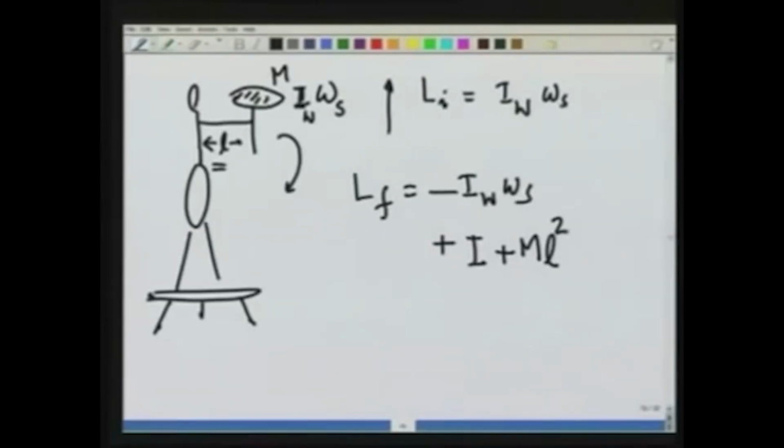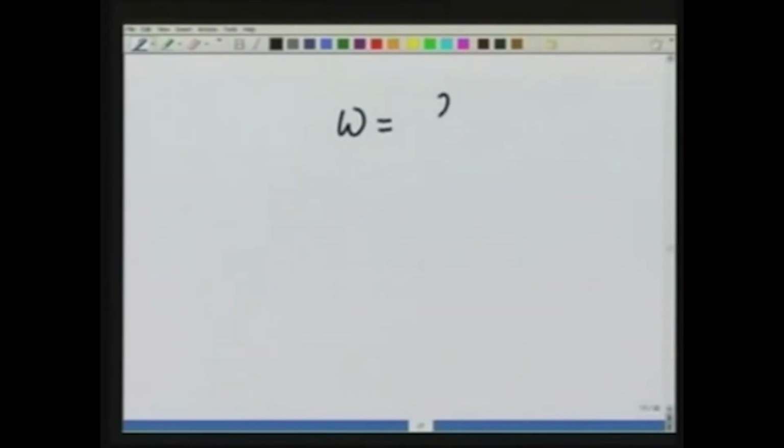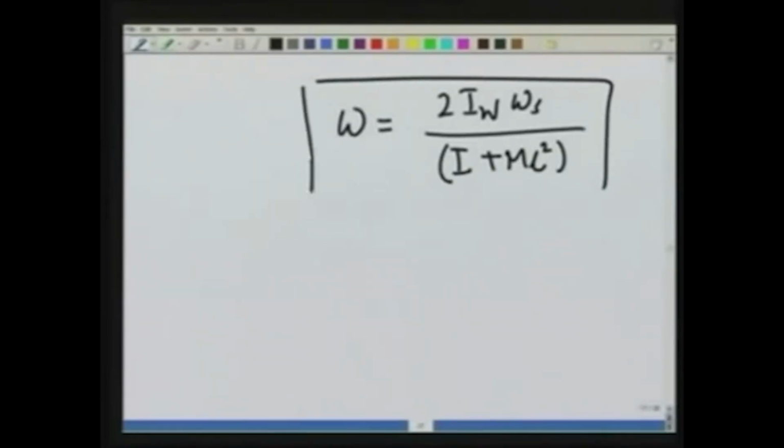Or you can say that the angular momentum of the wheel is the angular momentum of its center of mass plus its angular momentum about its center of mass, plus my own angular momentum, and therefore that gives me minus I wheel omega s plus I plus m l square omega equals I wheel omega s, or omega with which I move is equal to 2 I wheel omega s over my own moment of inertia plus m l square, from the conservation of angular momentum.